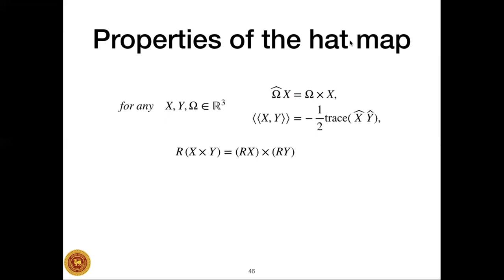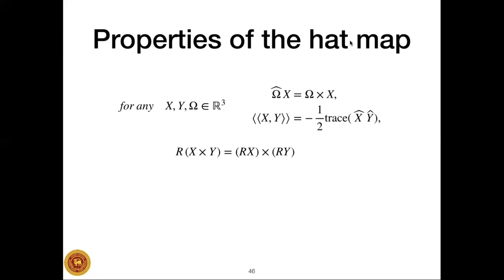We can also show that R times X cross Y is equal to RX cross RY. Now this is actually easy to think about. What does this mean? You take X and Y, cross product them and multiply by R. The answer is the same as multiplying X by R and Y by R and then taking the cross product.